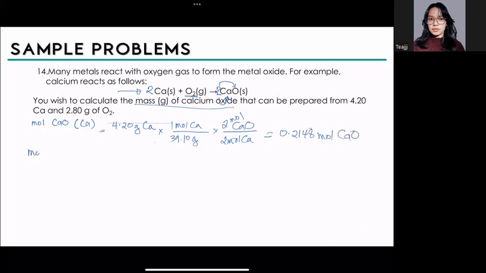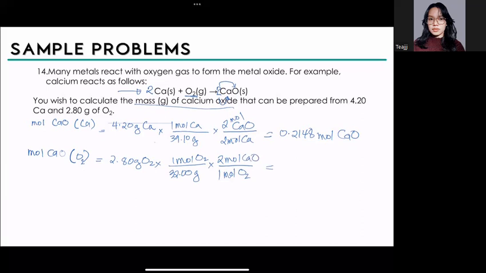Now let's proceed with the moles of calcium oxide produced from oxygen. So you start with 2.80 grams of oxygen gas. Convert natin into moles of oxygen gas. So that's 32.00 grams per 1 mole of oxygen gas. Then based sa reaction natin, gumagamit tayo ng 1 mole of oxygen gas to produce 2 moles of calcium oxide.